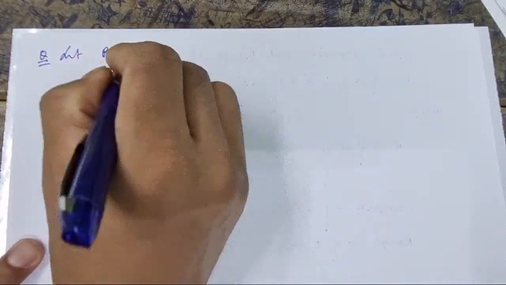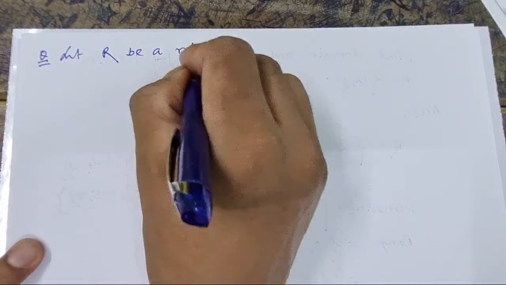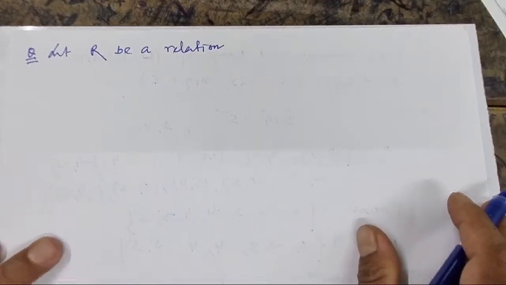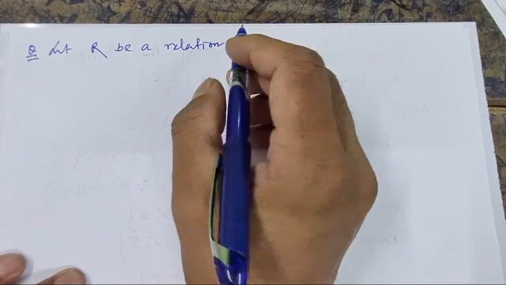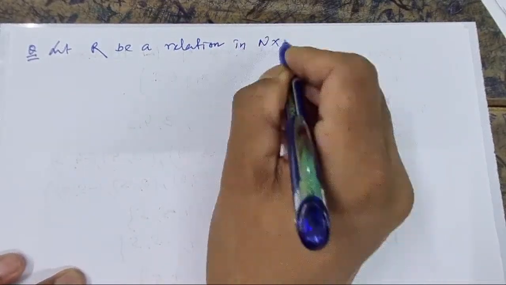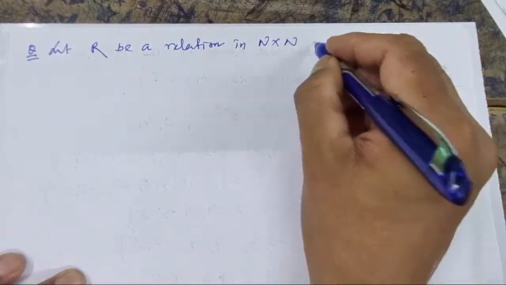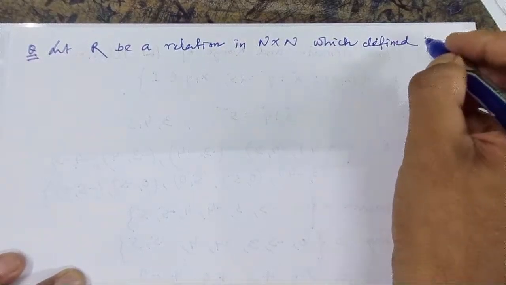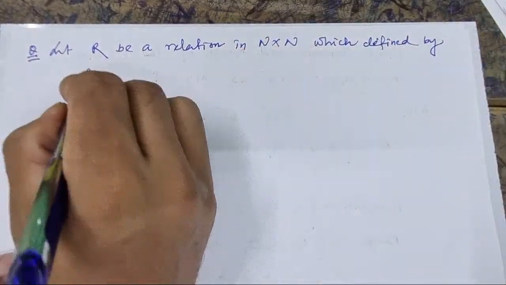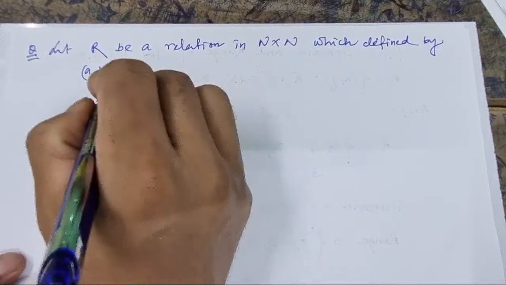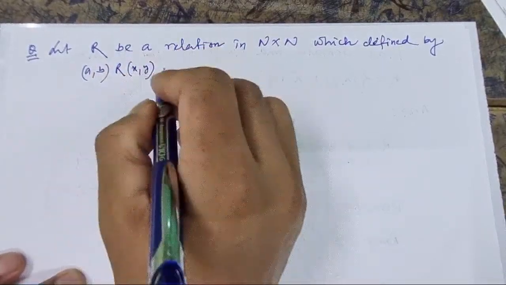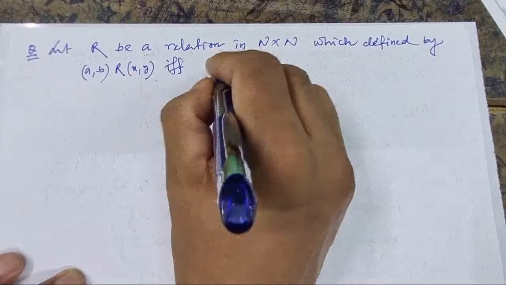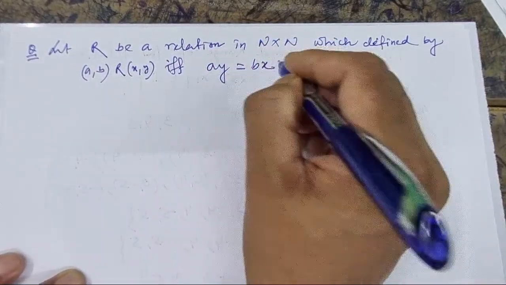Let R be a relation in N cross N, which is defined by (a, b) R (x, y) if and only if ay equals bx.